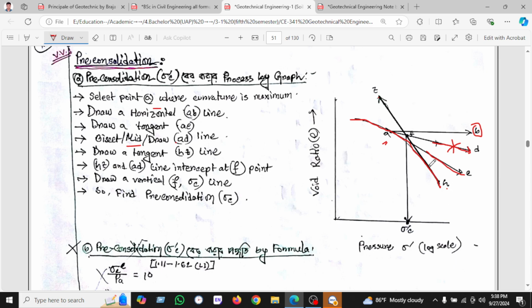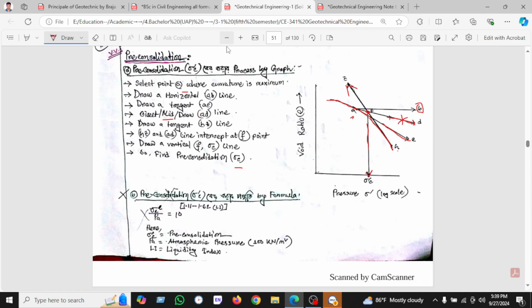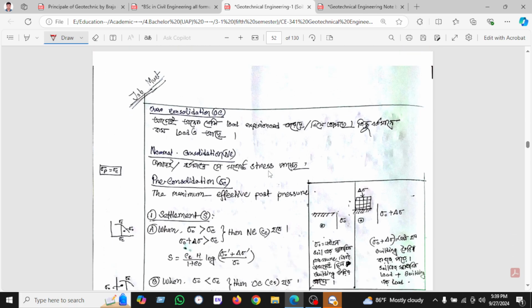Then we draw the line HZ and the intersect point F. This is our vital point F, which is the intersection. Now we draw the vertical line from F down to the sigma axis at the bottom, and so find the pre-consolidation pressure sigma c. So this is our pre-consolidation curve. In this way we can draw the pre-consolidation curve.